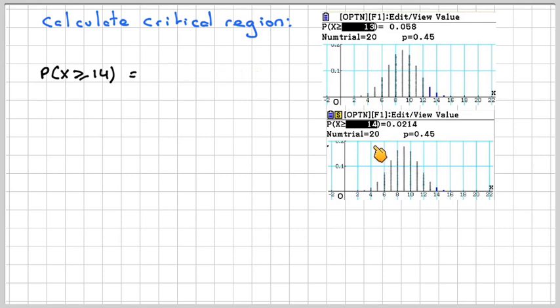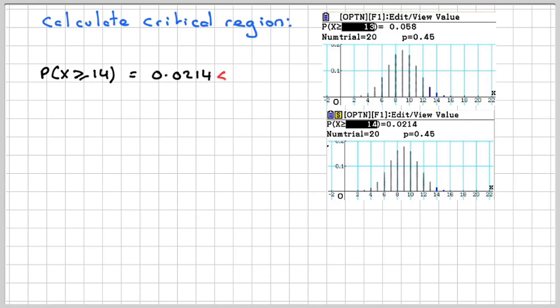Here we've got the probability of X being greater than or equal to 14 is 0.0214, where the number of trials is 20 and probability of success is 0.45.